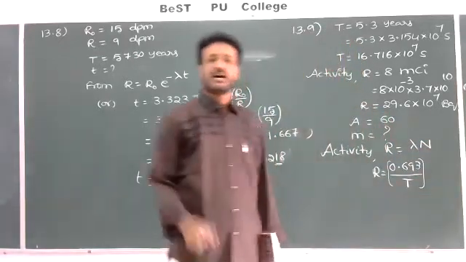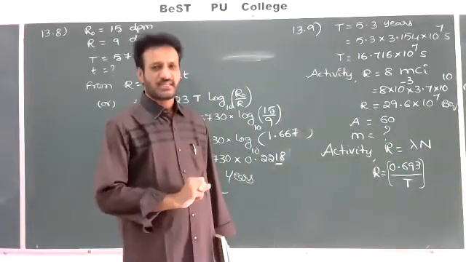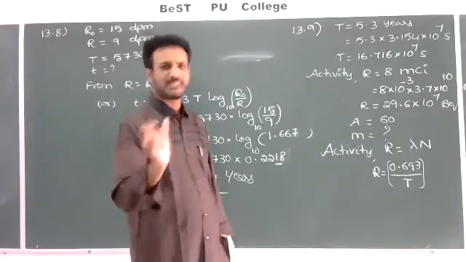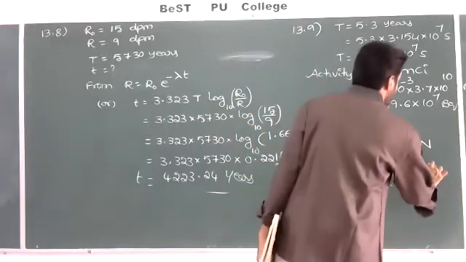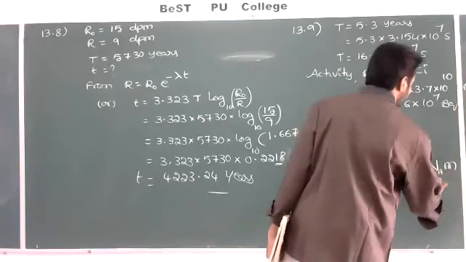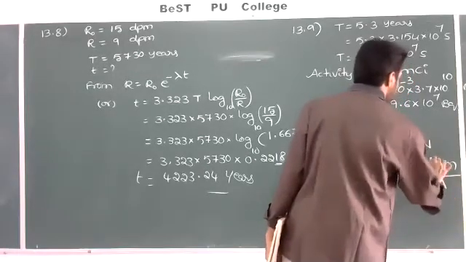I have given the Avogadro hypothesis. According to Avogadro hypothesis, the total number of atoms in m grams of the sample is equal to Avogadro number into mass of the sample by mass number.